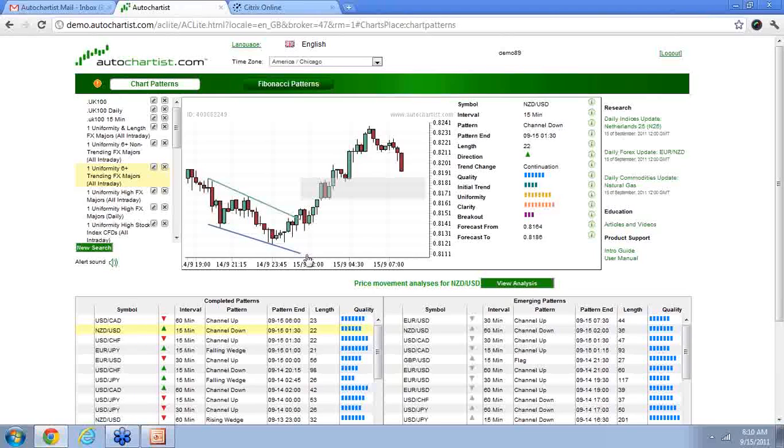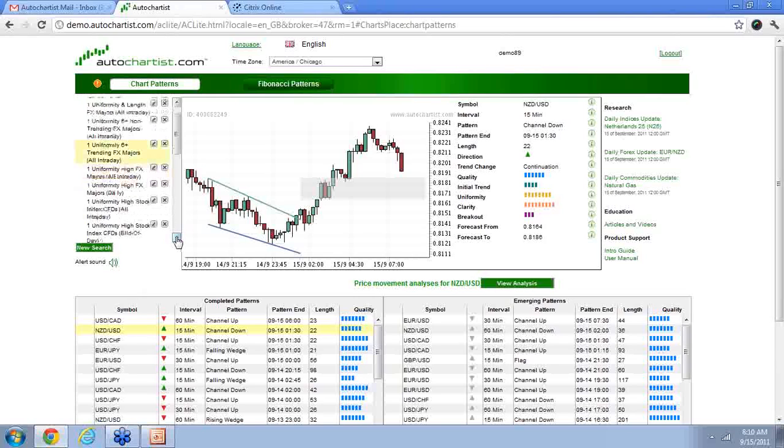So that's one thing that you want to do: if you're trading a trending market, or if your personal preference is to trade trending markets, then definitely set your uniformity indicator to at least 6+ or higher, and you'll start to see these clear pictures. This is what it looks like in the FX majors.